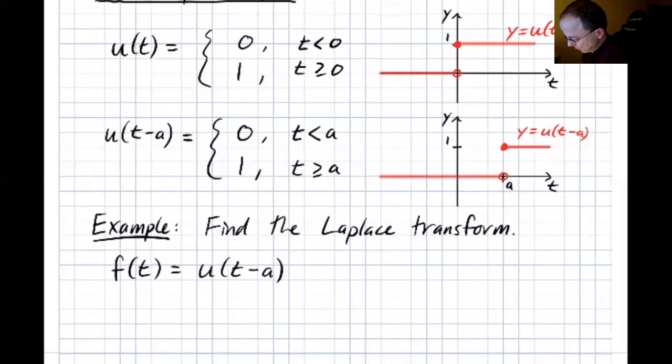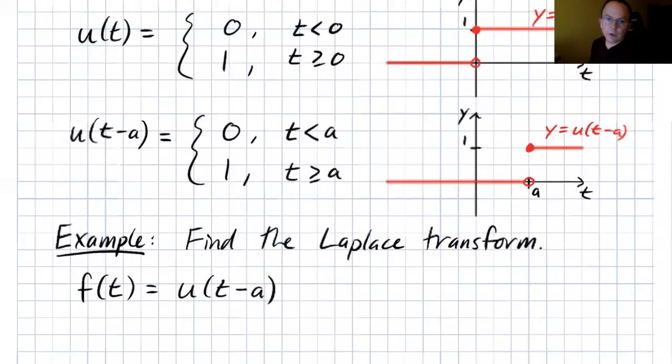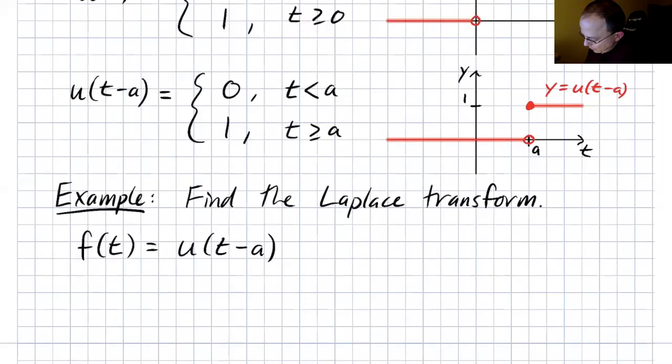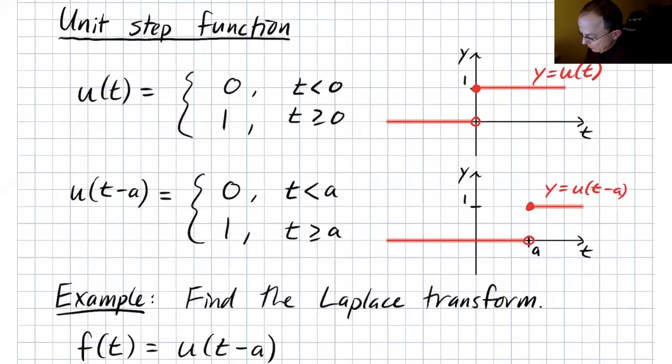All right, so as I mentioned before, we're going to talk about this unit step function. The unit step function is defined as follows. It's going to be 0 for negative t, and it'll be 1 for non-negative t. So in this graph, it's 0, and when t is 0, it jumps up to 1, and then it's 1 forever.